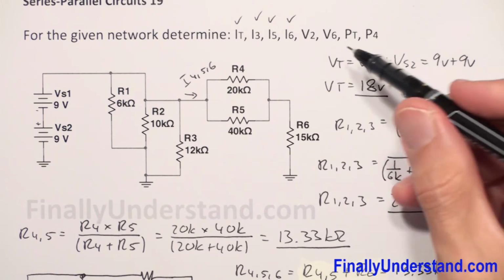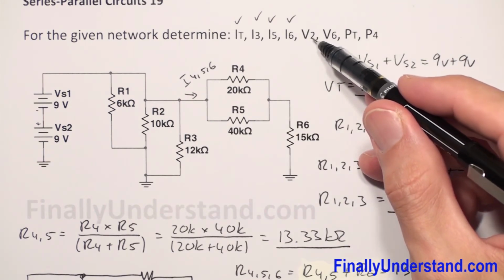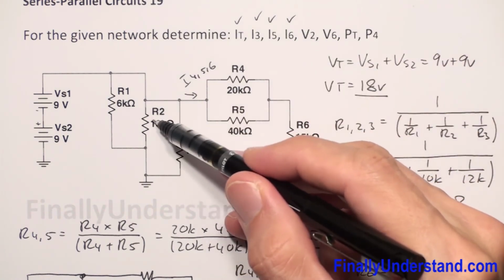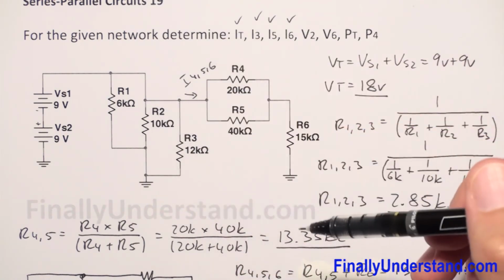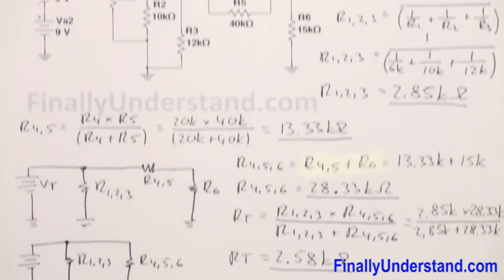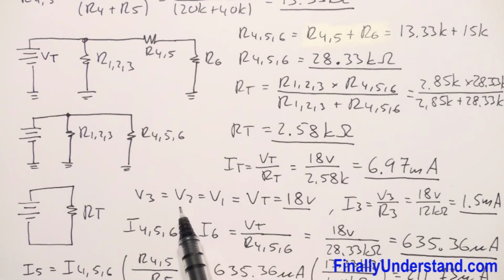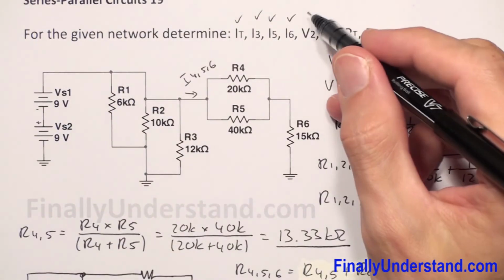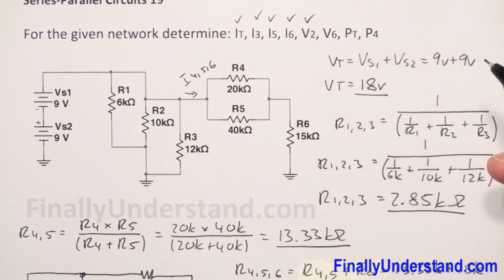Next, I'm supposed to find V2. V2 is the voltage across resistor R2, and we said that V2 is equal to 18 volts. So you can say that we found V2.